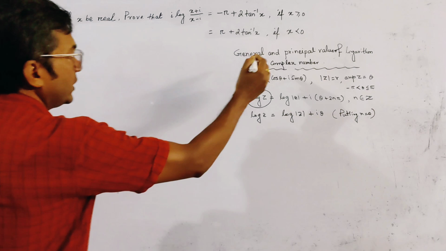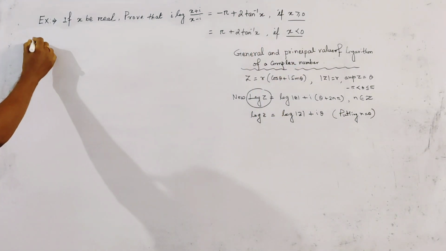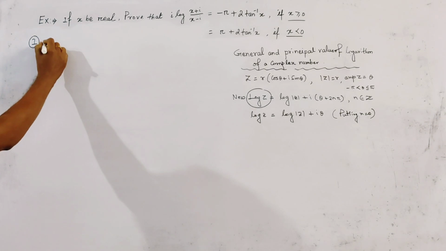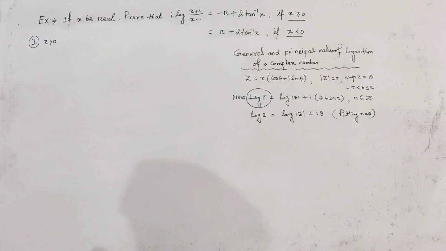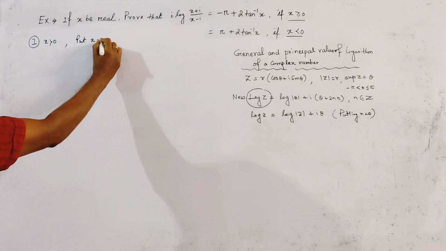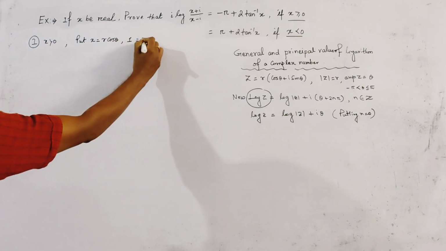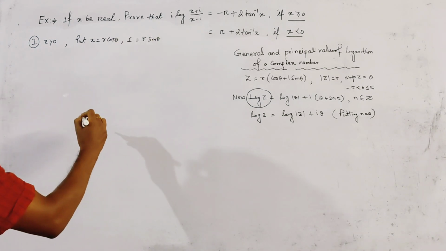Now here three cases are given. So in case 1, we first take x greater than 0 and put x = r cos θ and 1 = r sin θ.